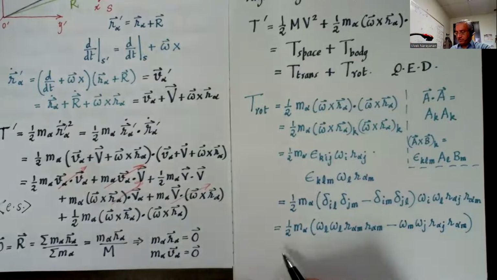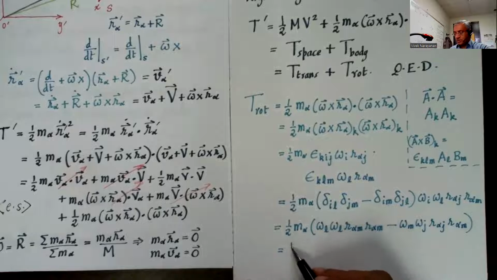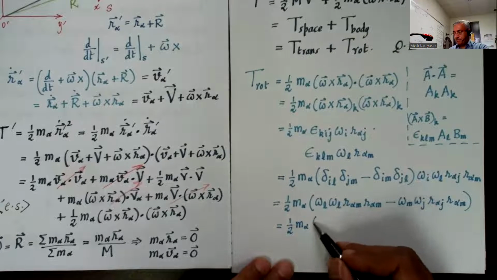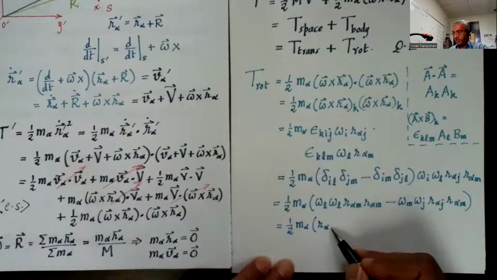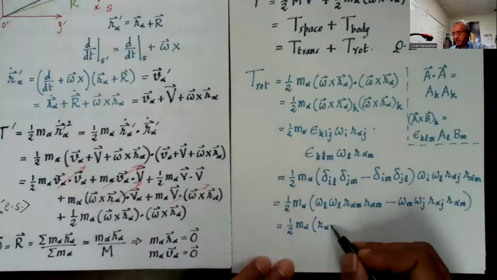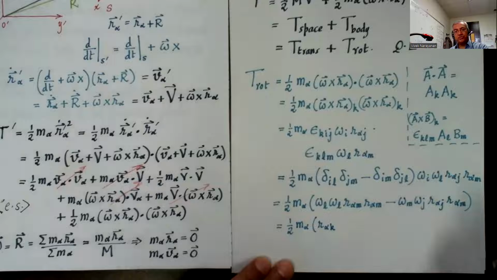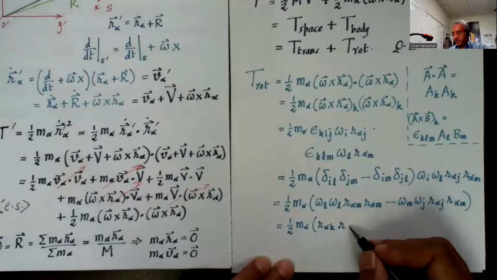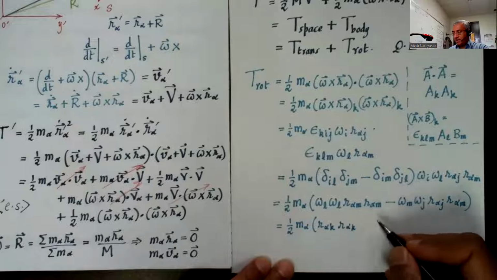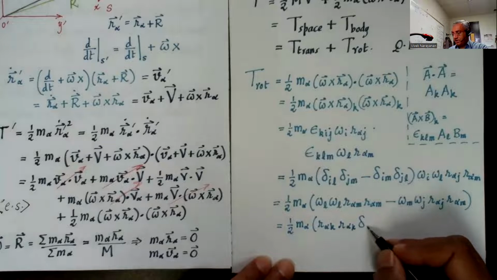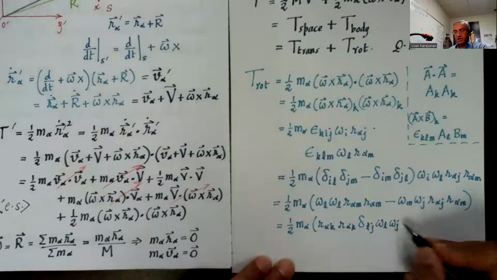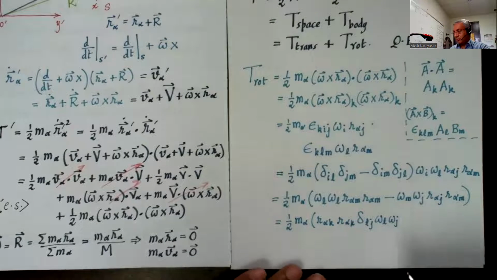And now I'm going to write this first term in an interesting way. I'm going to write the first term as R alpha K. When you have repeated indices, you can choose any index you want. So I'll make the index M equal to K instead. So R alpha K, and then here I'll write this as delta Lj omega L omega J. Now you'll see why I did that in a moment.